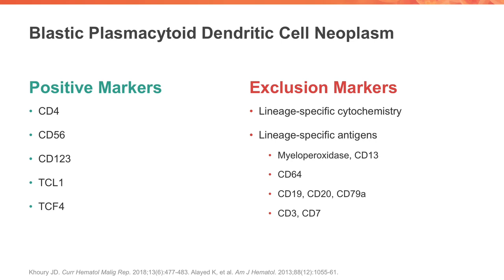This includes myeloperoxidase, CD123, which are AML-specific markers, CD64, B lymphoid markers such as CD19, CD20, or CD79A, and T cell markers such as CD3 or CD7. These all have to be negative for the diagnosis of BPDCN.